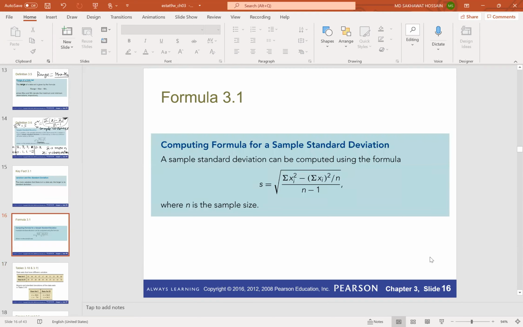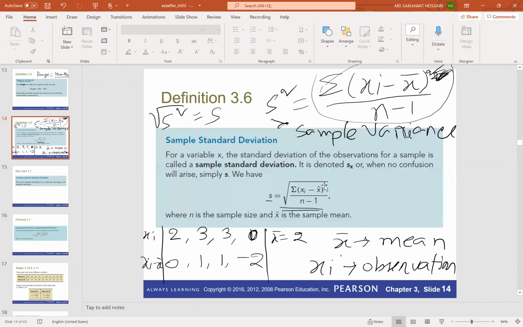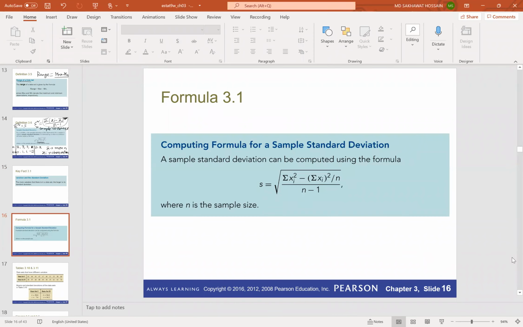Okay, so this is another formula for the sample standard deviation, and it is called the computing formula for a sample standard deviation. This is the original formula for sample standard deviation, and to make the computation simpler, you can use this formula.